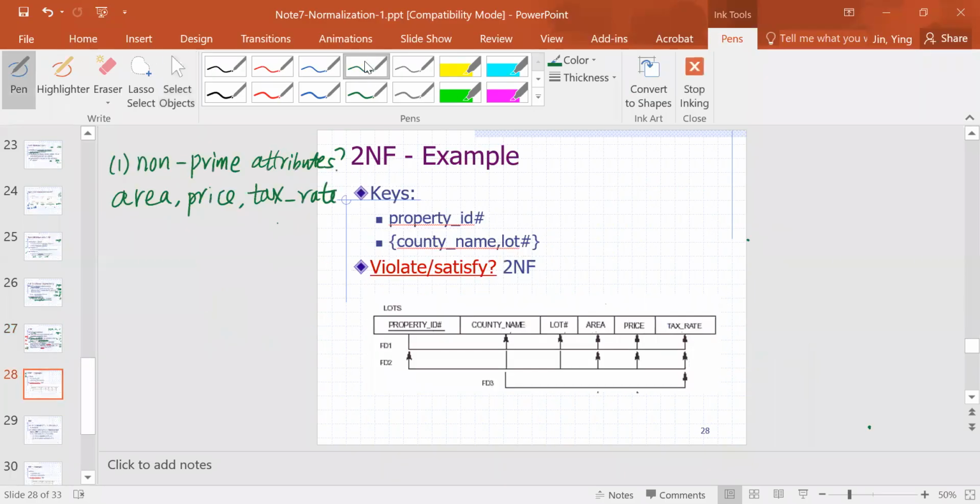Okay, so what I need to do is, you don't have to do area first and then price and tax rate. You can do any of them first.